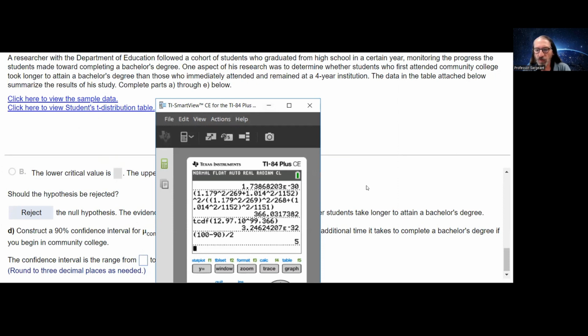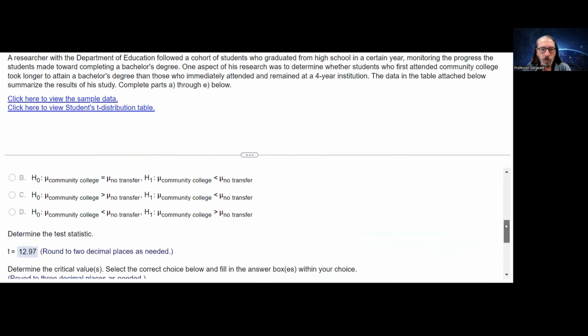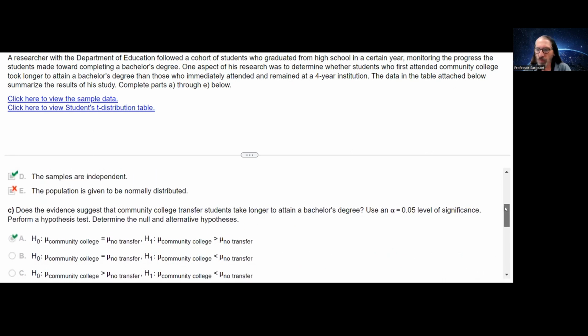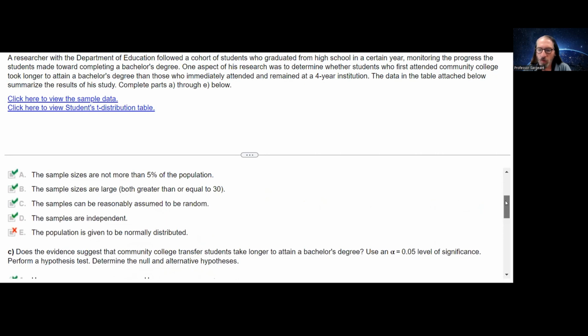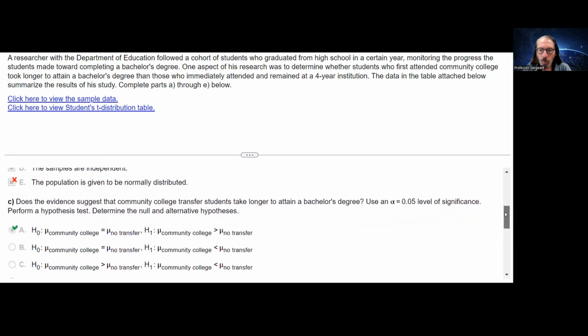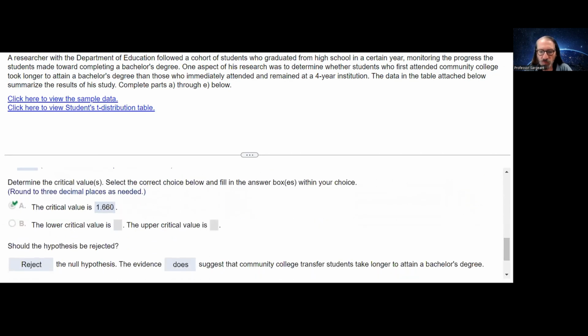And that's 5%. So go with 0.05. We actually looked up, because we're using alpha equals 0.05, the critical value that would go with the confidence interval, 1.660.